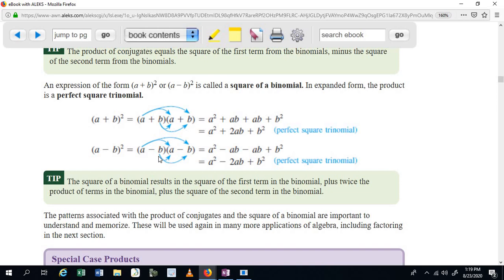And then the last term would be minus b times minus b. A minus times a minus is a plus, of course, and so you just get plus b squared. And then the middle term would add up to negative 2ab, because those are like terms. And so you end up with another perfect square trinomial. But notice the difference between these two is this middle term has a minus sign in it, whereas this one has a plus sign.